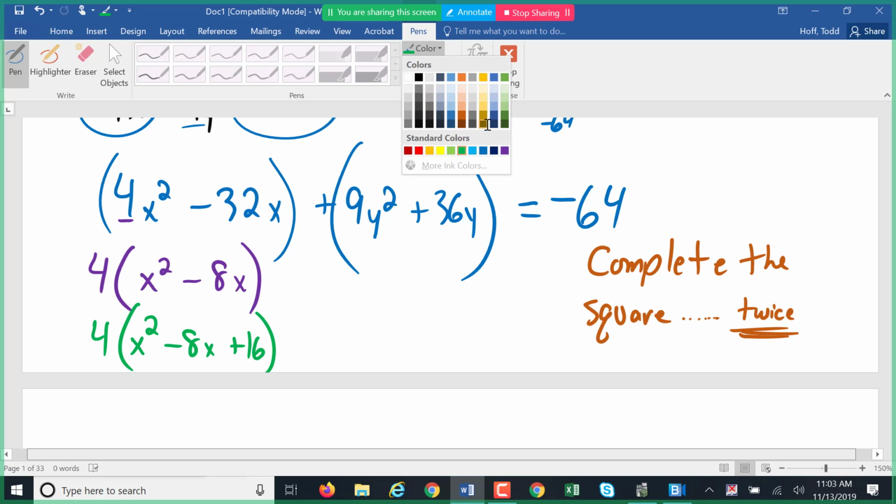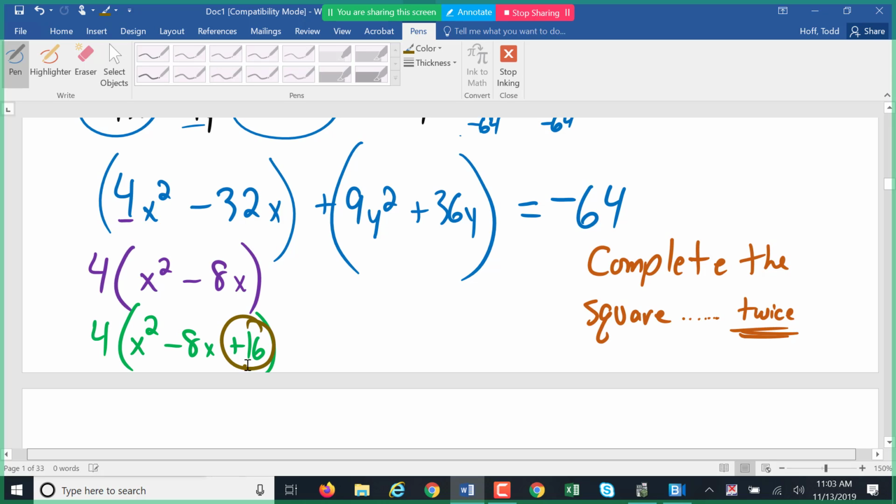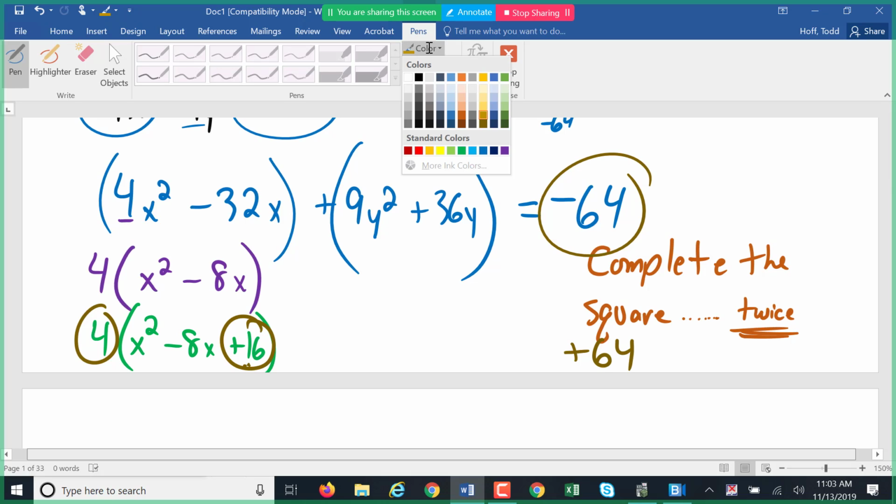This is where this 4 out front comes into play now. It looks like I added 16, but I really added 16 times 4, which is 64. So I have to add 64 to the right side as well. Now I need to complete the square for the y, and I'm going to start out similarly. I am going to factor out the 9.